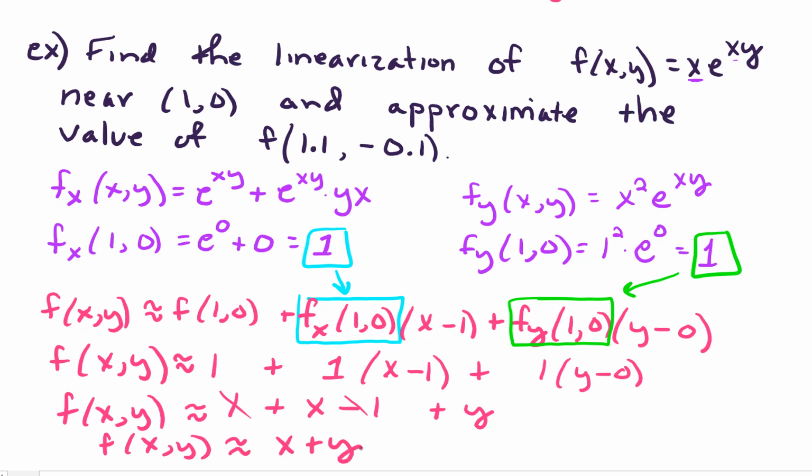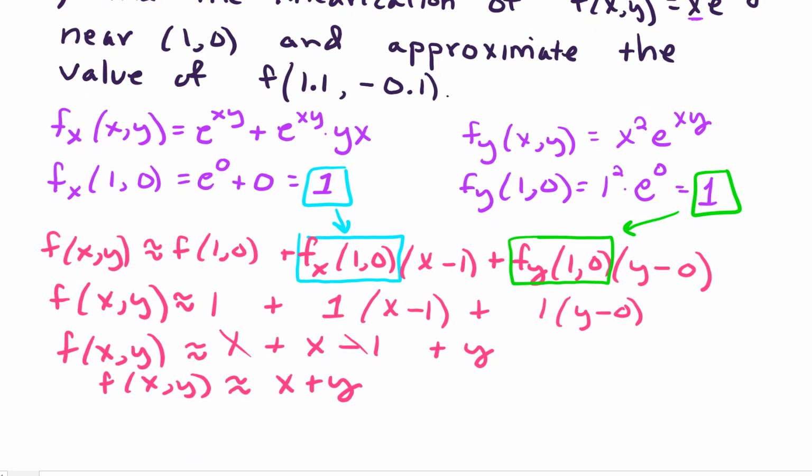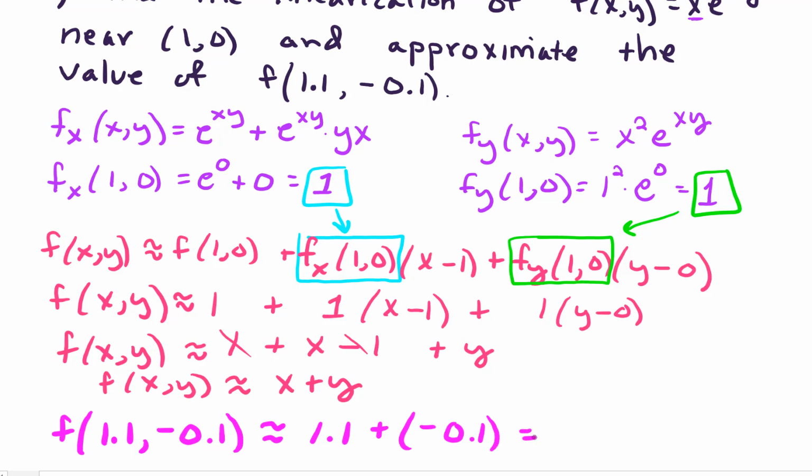x plus y. So let's use this to approximate the value of f of 1.1 comma negative 0.1. If we wanted to approximate this value without the use of a calculator, well, that would be approximately, 1.1 is going in for x, and negative 0.1 goes in for y, and that turns out to be 1.